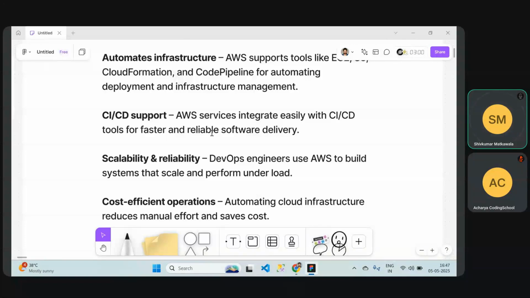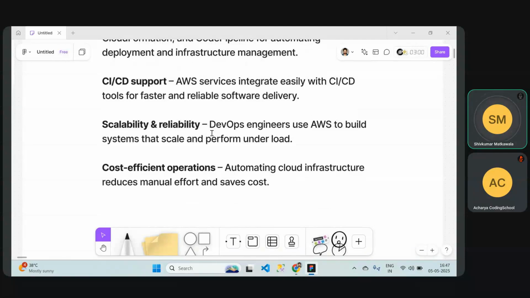So CI/CD, if you don't understand right now what it actually is, do not worry. Just for the moment, put it in your mind that CI/CD is one of the pillars of DevOps. AWS services integrate easily with CI/CD tools for faster and reliable software delivery.